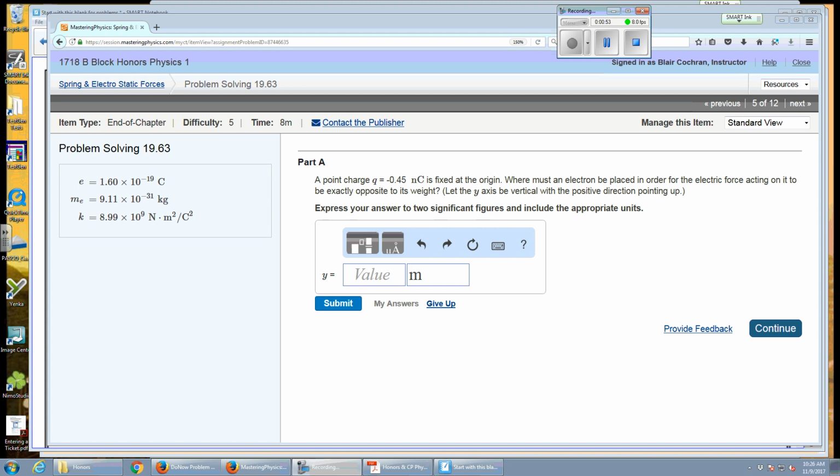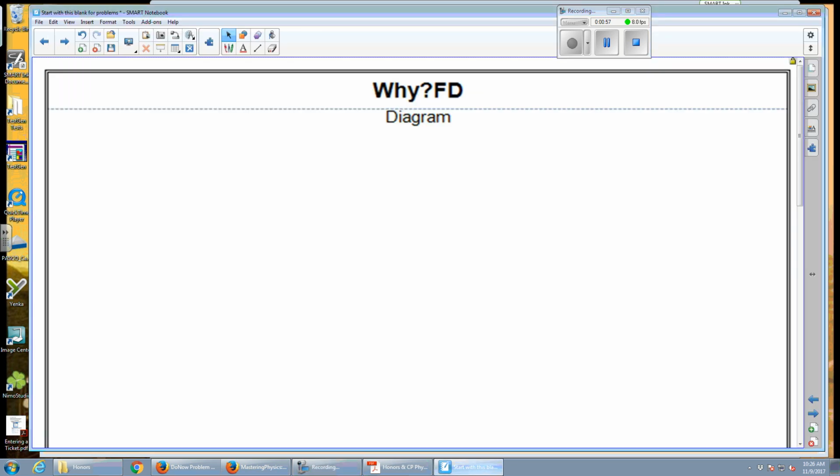Right? All right, so I did a force diagram for it. I think you should too. So I'm going to put my other negative charge right here at the origin. Call that negative. And so they are telling us that up we have to call positive.